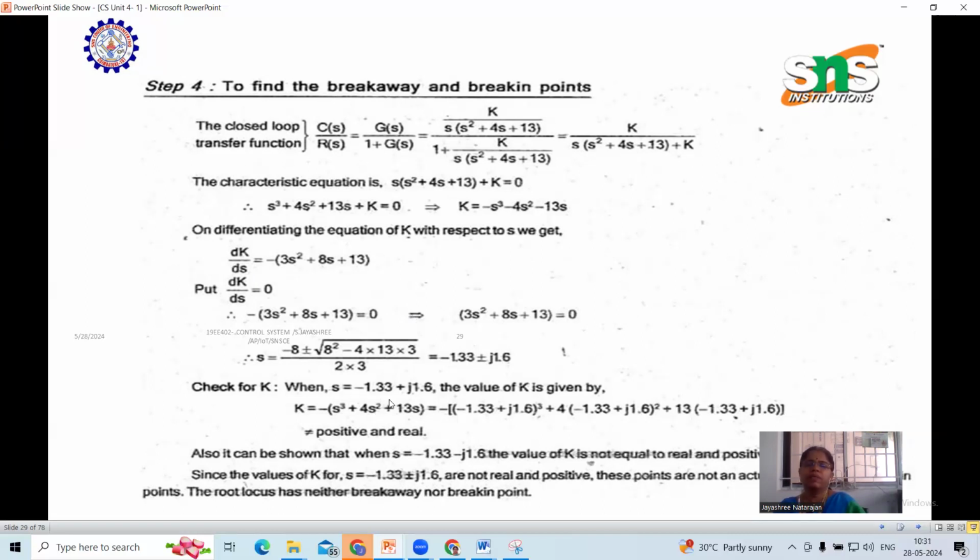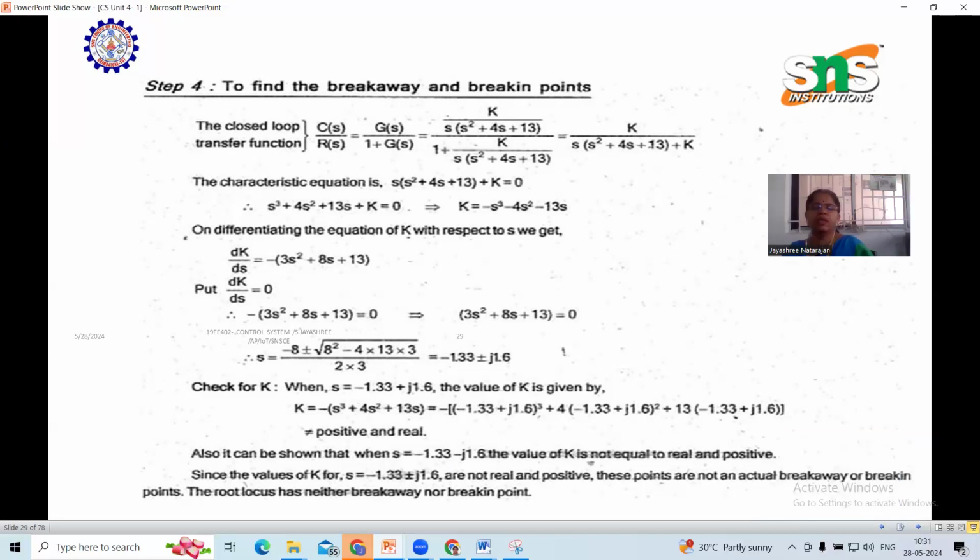For s equals this value, what is the value of k? Substitute this value for s and calculate. The values of k for s equals minus 1.33 plus or minus j 1.66 are not real and positive.